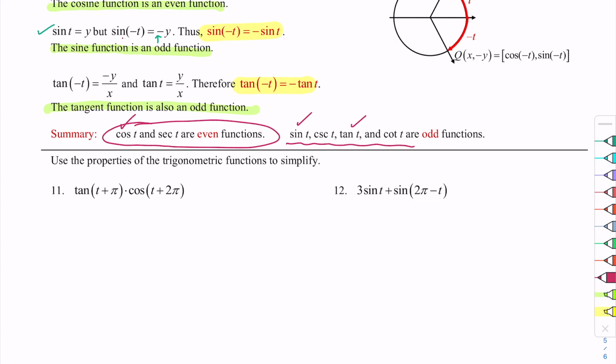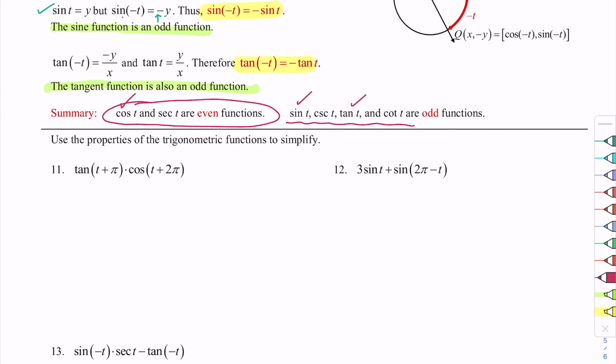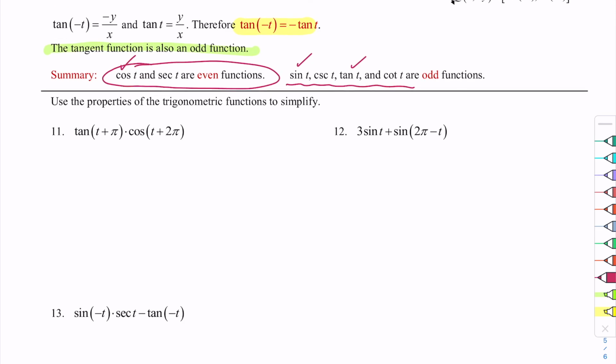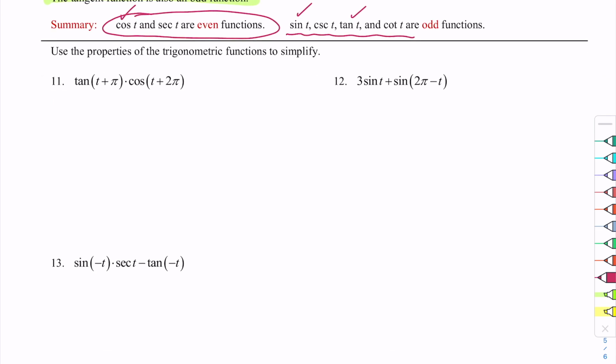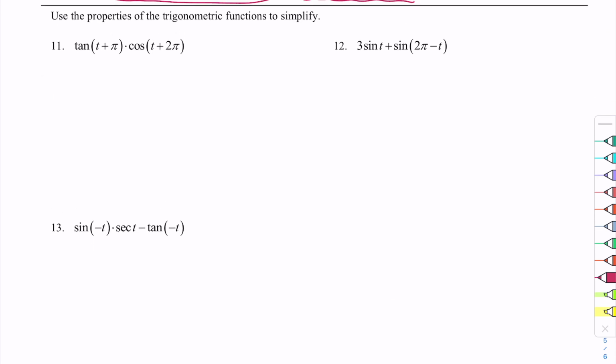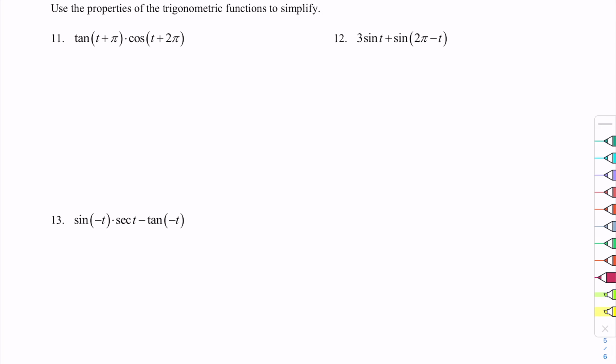So we're going to use the properties of trig functions, everything that we've learned so far, to simplify these problems in number 11, 12, and 13. We have product and we have a sum in number 12 to evaluate, okay? So in number 11, if we have the tangent of t plus pi, we know that that's equal to the tangent of t.